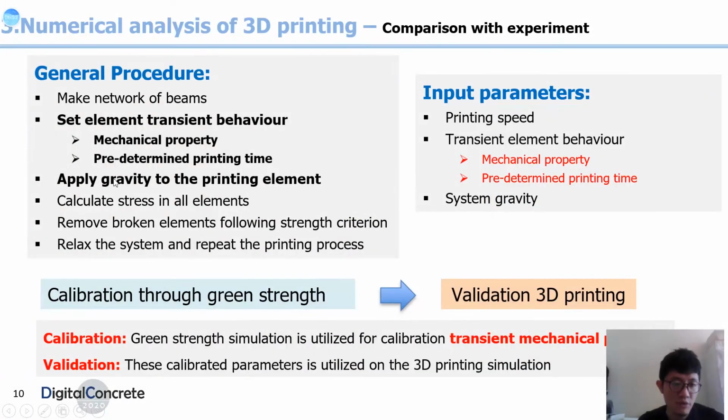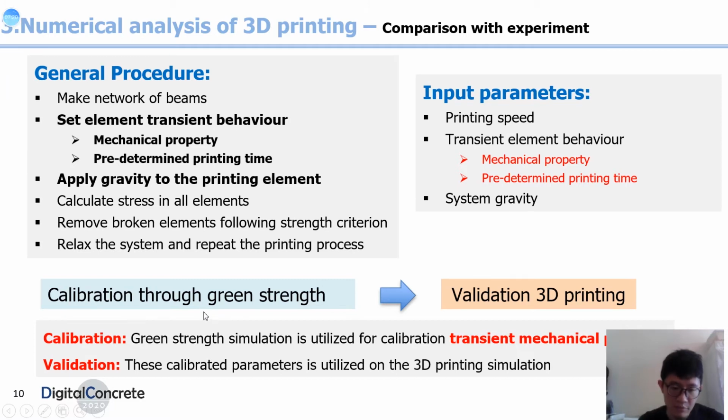Reviewing the general procedures, we need to follow these steps and get the input parameters. The input parameters include the mechanical properties and the predetermined printing time. For the mechanical properties, we usually use calibration through the green strings. The green strings means the early stage mechanical properties for compression.